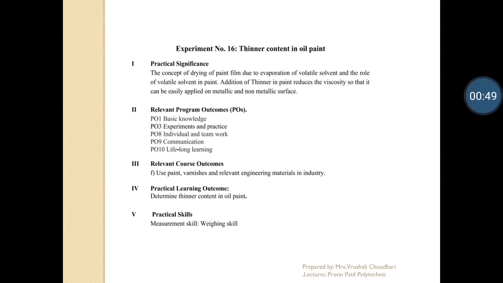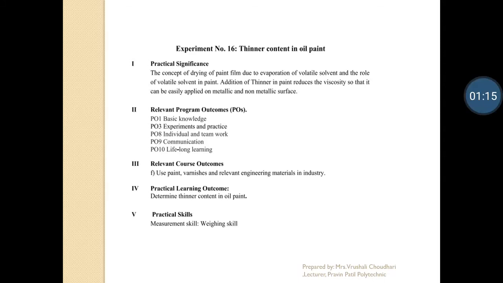Practical significance. Why are we learning this experiment? Because we are going to determine how much volatile solvent is present in a paint. If a large amount of volatile solvent is present, then the paint will easily dry, but it will not act as a protective coat on the metallic surface.